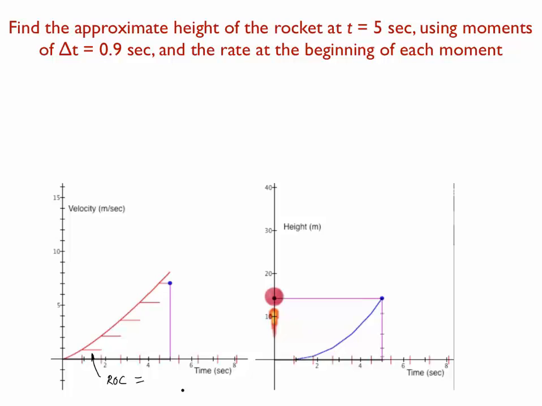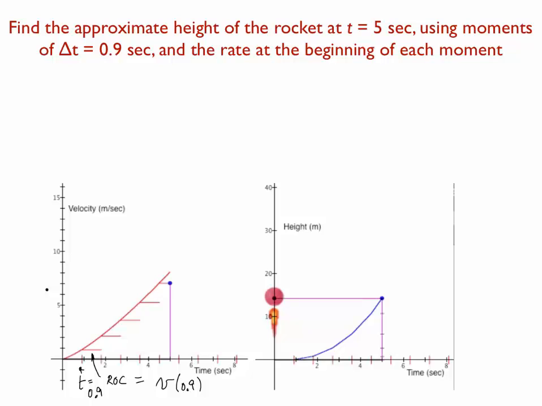Agree? That's what it is. V of 0.9. Why? Because it's the rate of change at the beginning of this moment. The beginning of this moment is t equals 0.9. And so that whole constant rate in the second interval is going to be v of 0.9. That should make sense. Does that make sense?